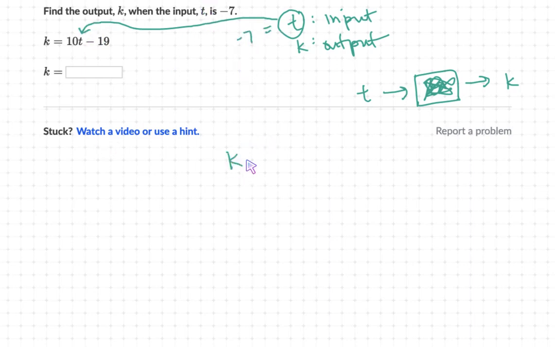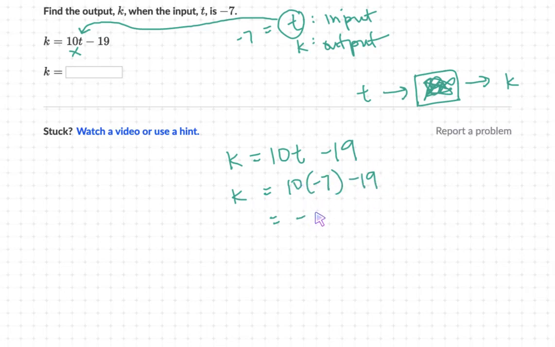So instead of k equals 10t minus 19, on your paper you should have written down k equals 10 times -7 minus 19, because 10t is really a multiplication between those two. So now I'm going to calculate this. K is going to equal this multiplication, subtracting 19.